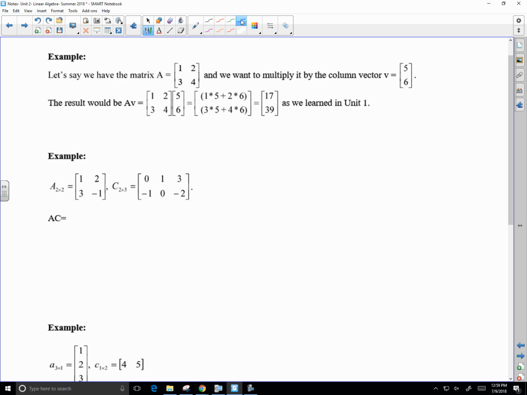here's a shortcut. We have a 2 by 2 matrix being multiplied by a 2 by 3 matrix. So 2 by 2 multiplied by 2 by 3 should give us, as a result, a 2 by 3.